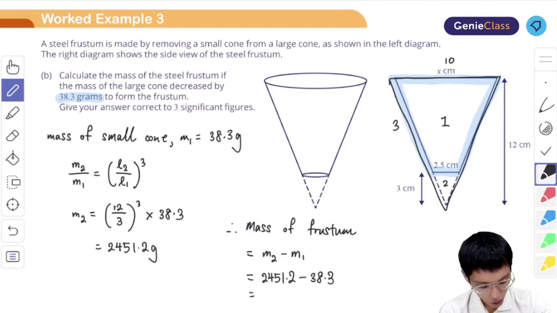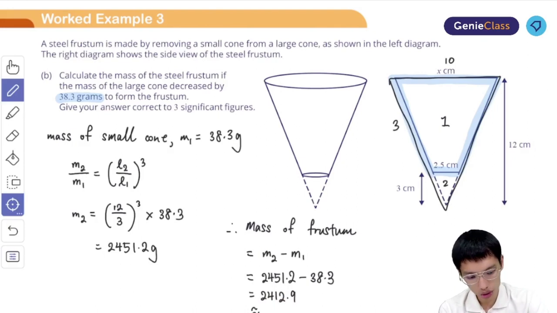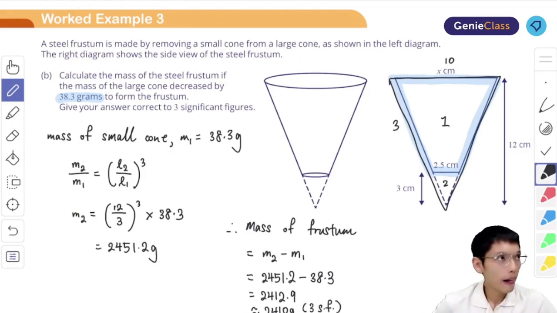So if you'd rather draw it out first, go ahead. And take note, the question was 3SF, so 1, 2, 3. I'm looking at the number 2 here, so we round down. So 2410. Great. Okay, no worries, Denise. Alright, so sometimes time wasted may not be so wasteful after all. You understand what I mean?